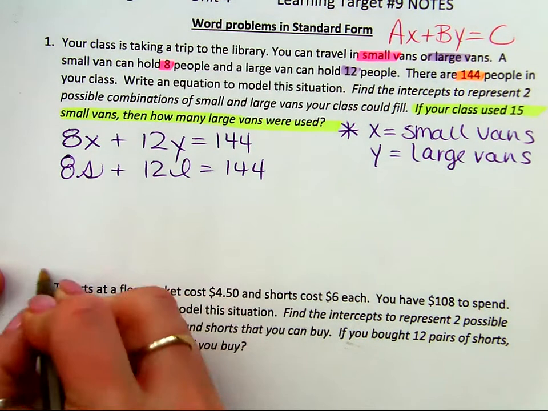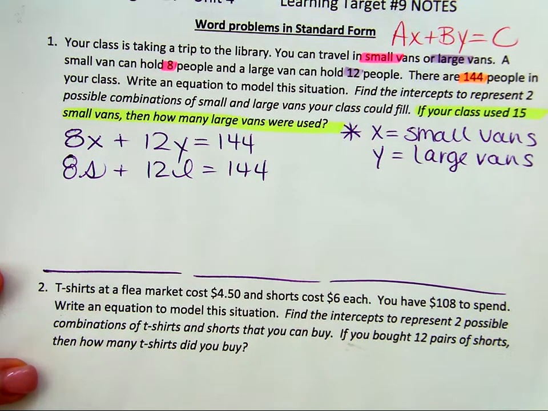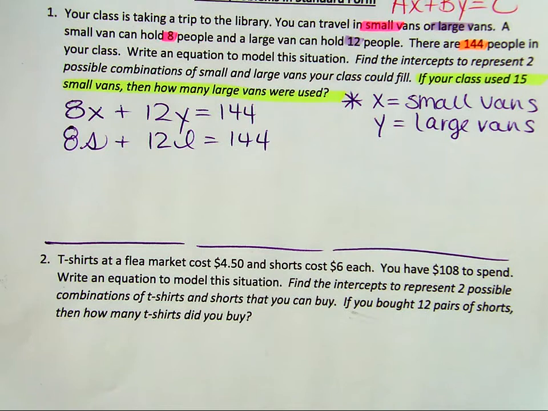I want you to put 3 blanks at the bottom of that workspace. Because here's what this means: you're going to have 3 answers. If you think back to what standard form was when I had you do it, didn't I have you find the x and y intercept?